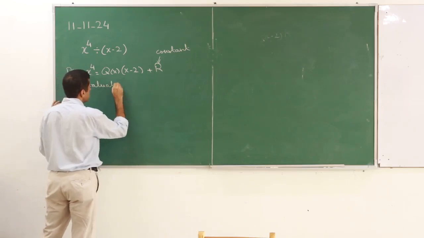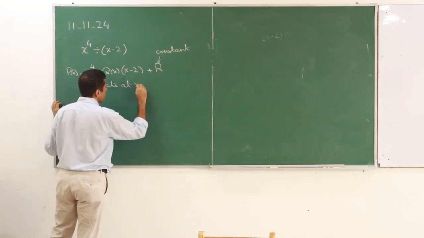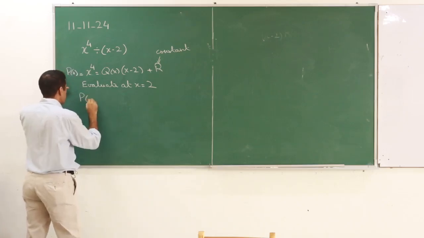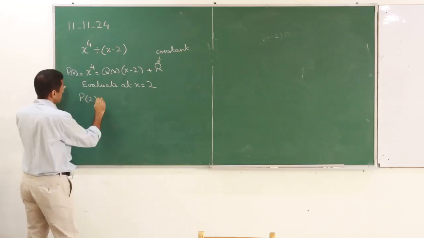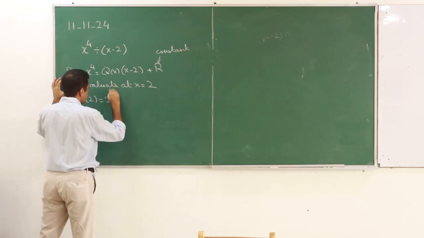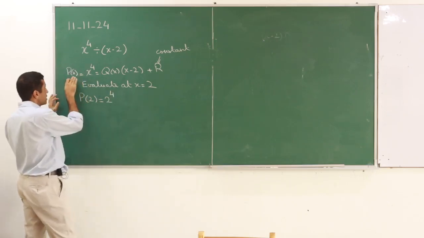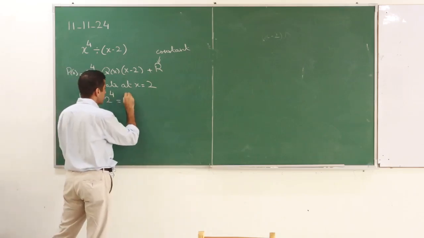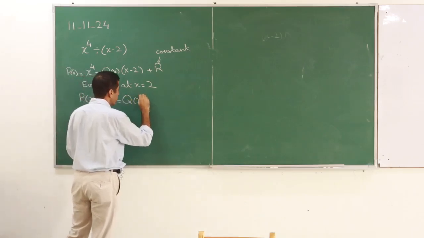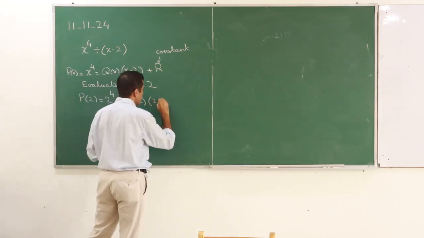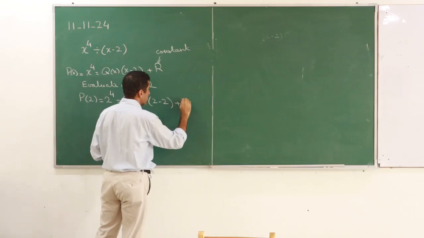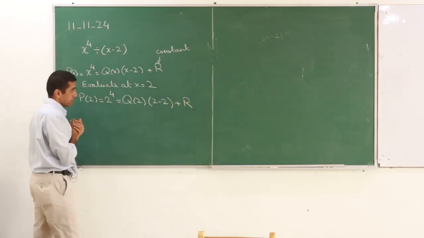Now let's evaluate at x equal to 2. If we evaluate at x equal to 2, what we find is p of 2 is equal to 2 raised to the power 4, because if I set x equal to 2, this becomes 2 to the power 4. This will become equal to q of 2 multiplied by 2 minus 2, plus the constant r, right?